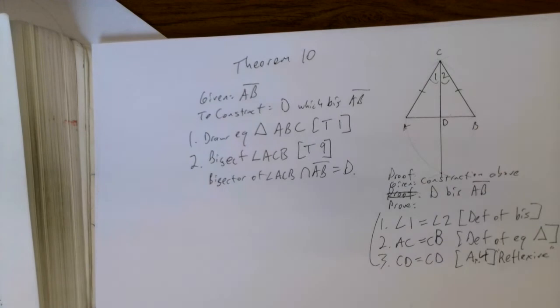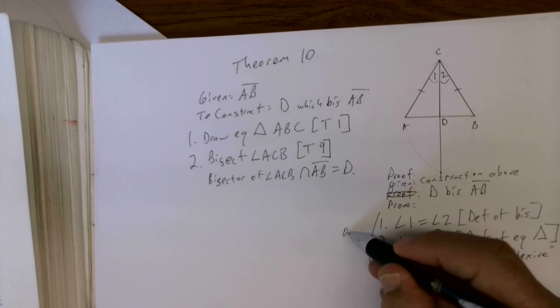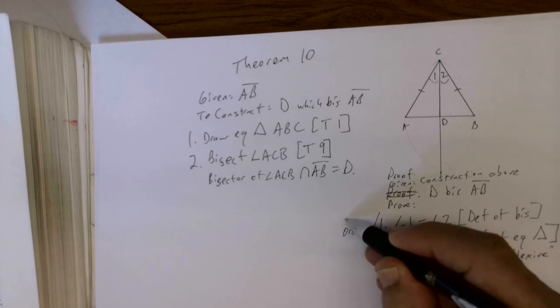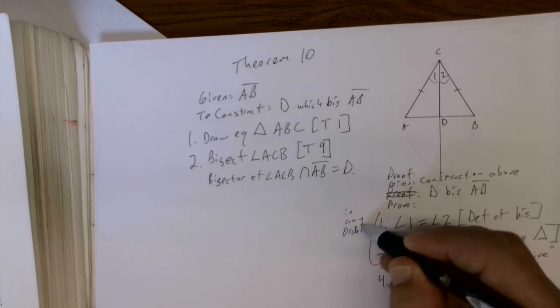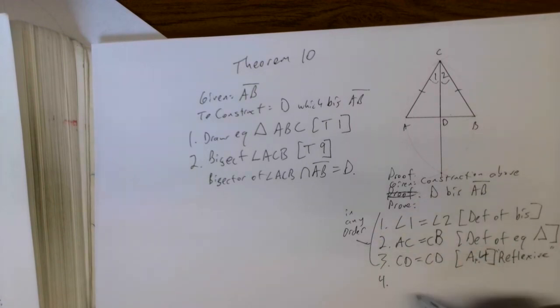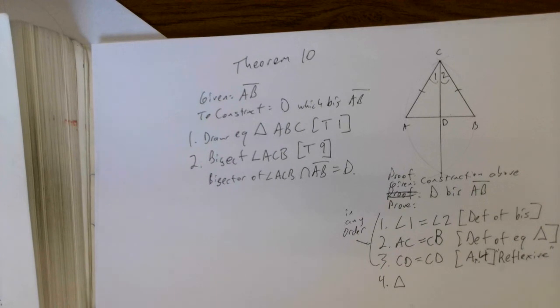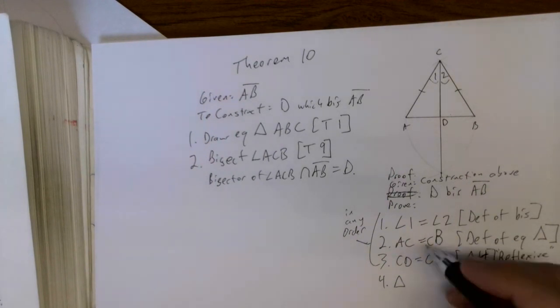All right, click, click, click. We heard the clicks, and ka-chunk, the locker opens up. As in the other proofs, these first three can be in any order. Order does not matter for the first three steps, but you may not do step 4 until you have all three of these steps logged in on your proof.